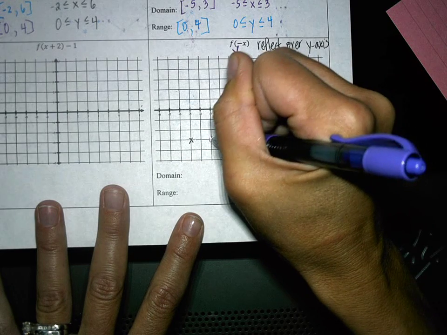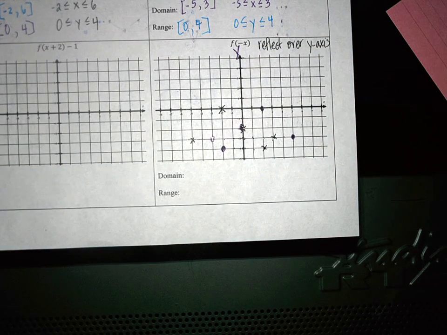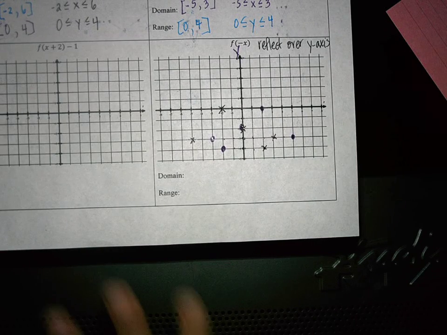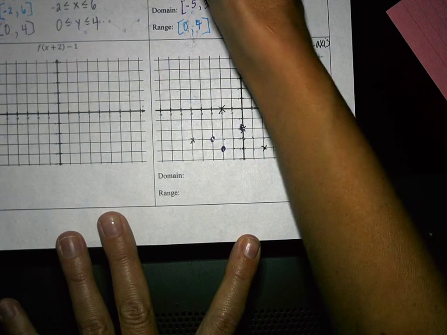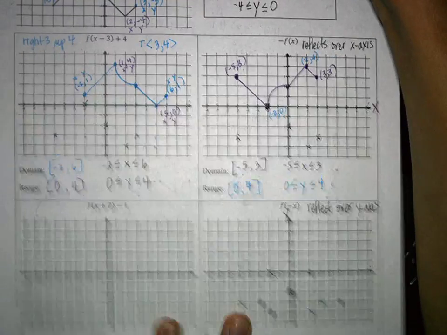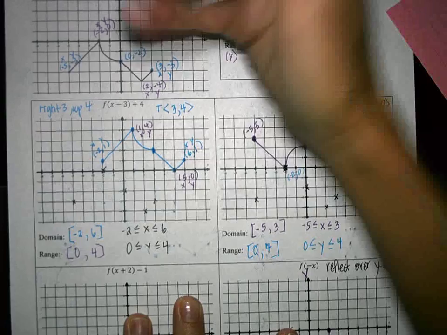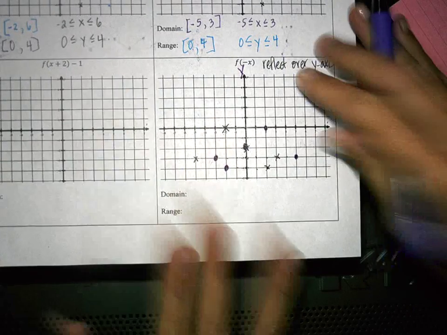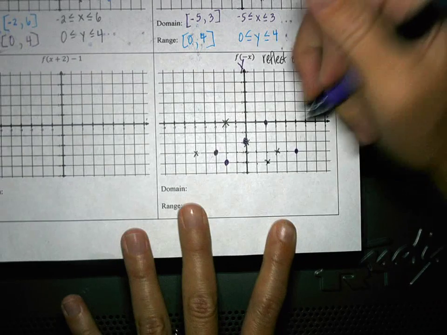Okay, and we know we should have 5 points, and we have 5 points there. I like starting where my original function was, and going back up here, you know how you have a straight line going from the first 2 points? So I'm going to start on the left side, and I have a straight line going for these 2 points.